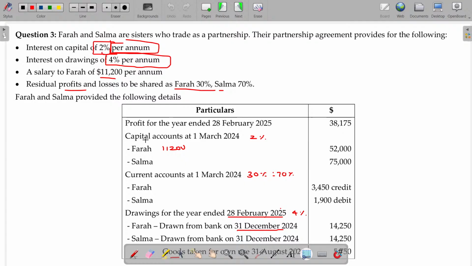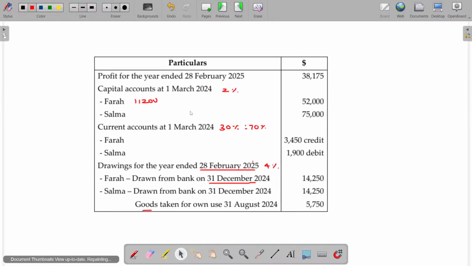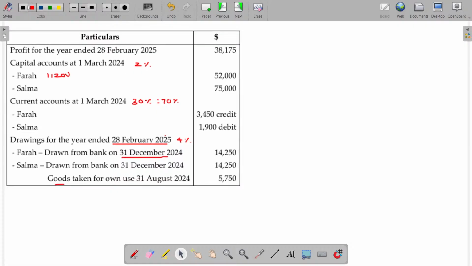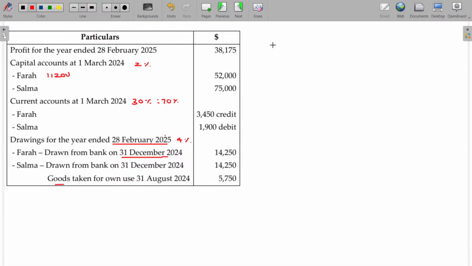Let's see. Now we'll start with profit for the year, which is 38,175. Don't forget to add interest on drawings on this.